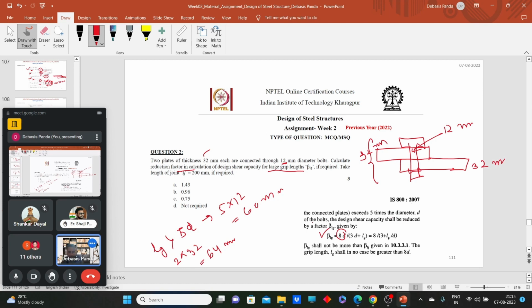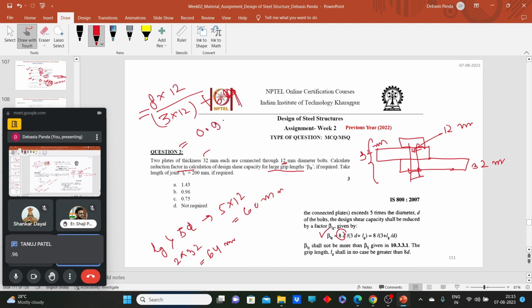So I am writing here 8 into 12 divided by 3 into 12 plus LG. What is the value of LG? Sorry, 64. What will be the value of that? 0.96. One person says 0.96, please check.